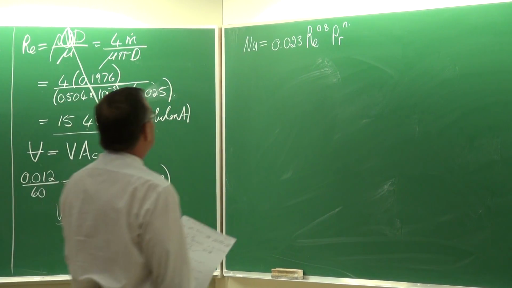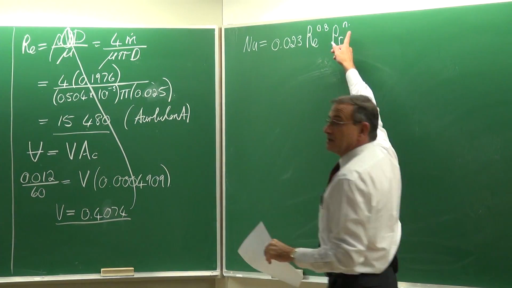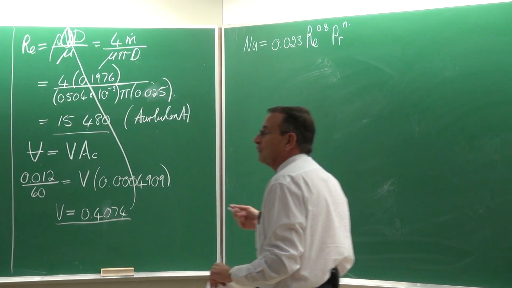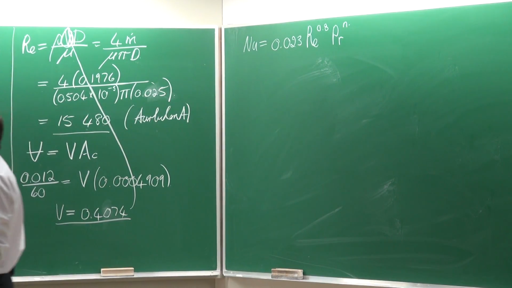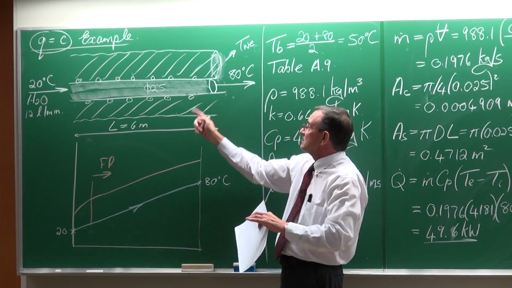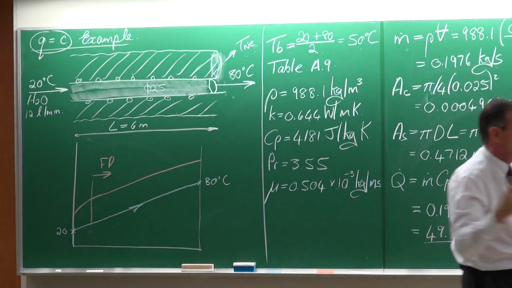Okay. And n, take note, n is equal to 0.3 for cooling applications, and n is equal to 0.4 if we've got a heating application. So the fluid is being heated, so n must be equal to 0.4.